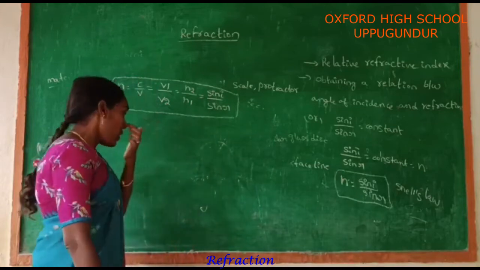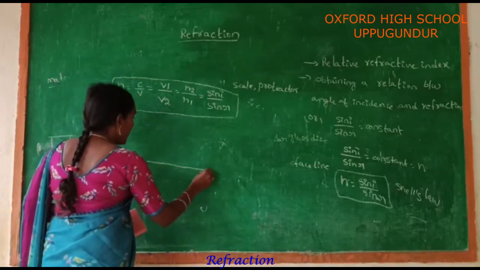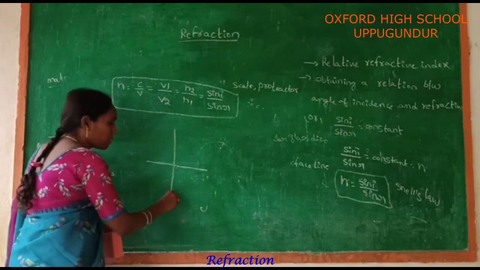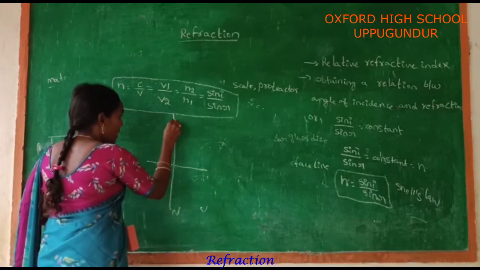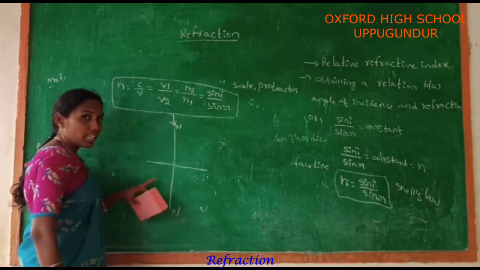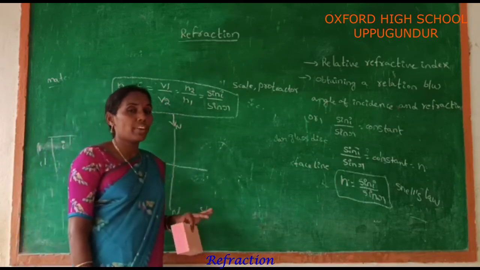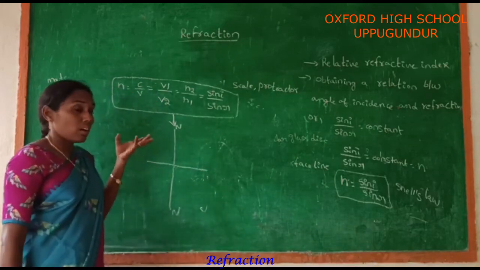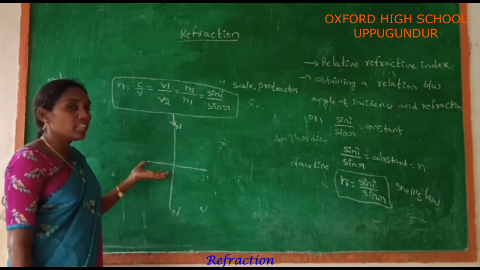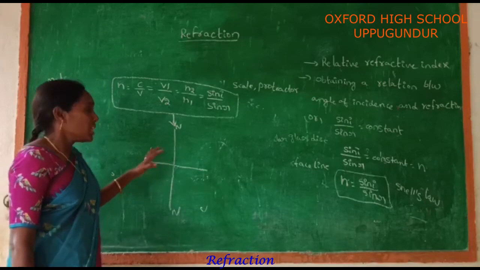Already I said, when a light ray travels along the normal, there is no deviation of the light ray. How is an undeviated ray possible?